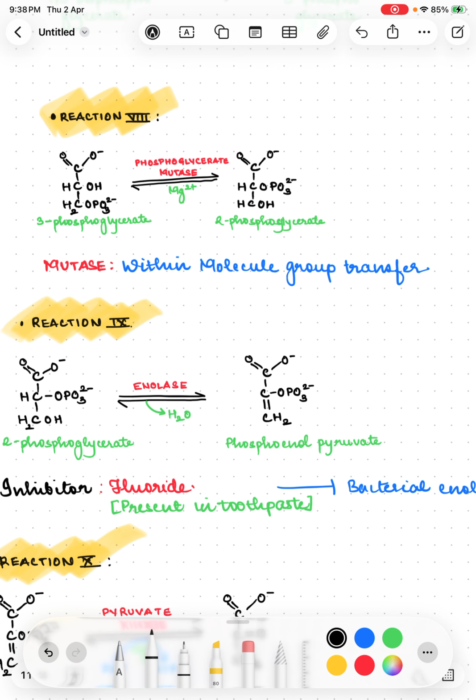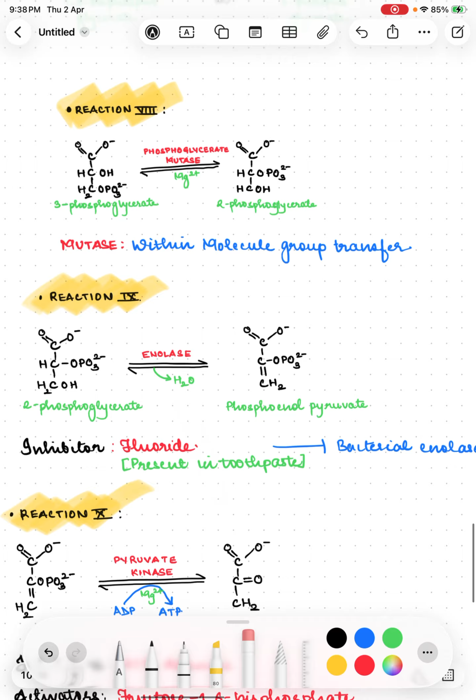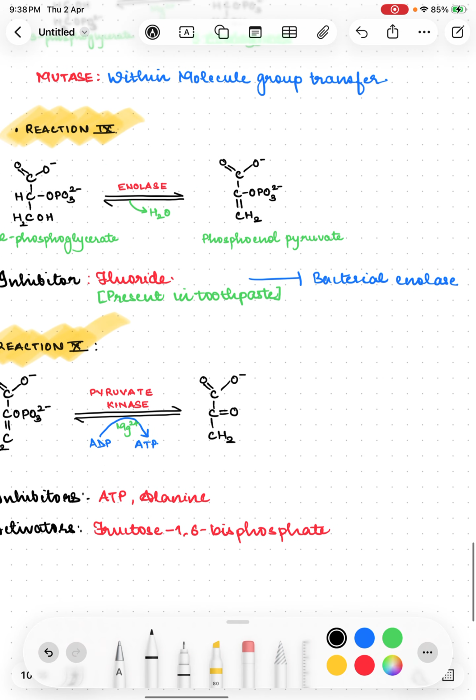In the next reaction, reaction number 9, 2-phosphoglycerate gets converted into phosphoenolpyruvate with the help of the enzyme enolase. During this reaction, one molecule of water is released, and the inhibitor of enolase is fluoride.